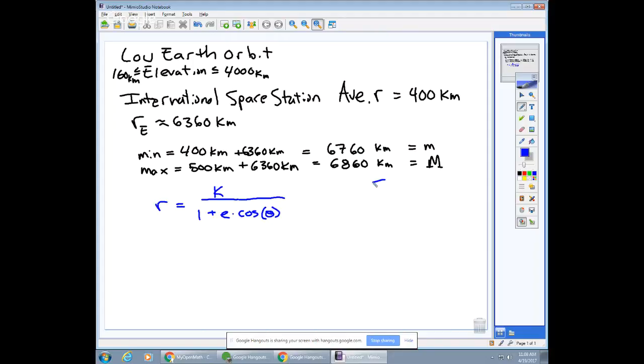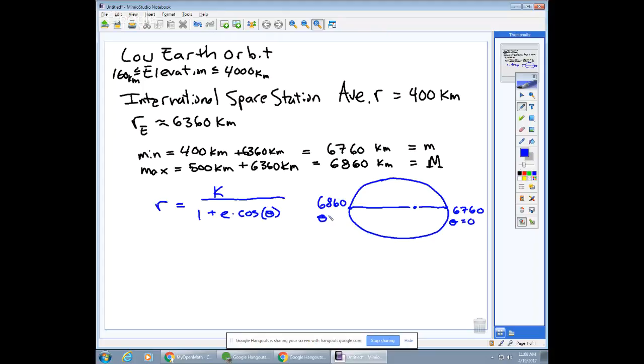So just a sketch of this situation. Let's suppose here's my orbit. The focus is going to be right around here that we're orbiting around. The distance of this radius over there, that's my 6,760. And we can say that happens when theta is 0. And then over here on the other side is my 6,860.